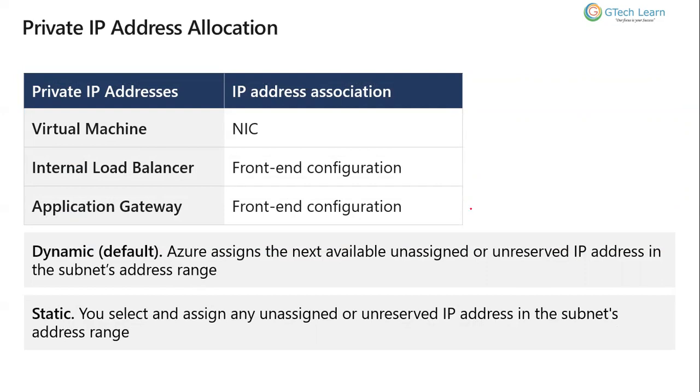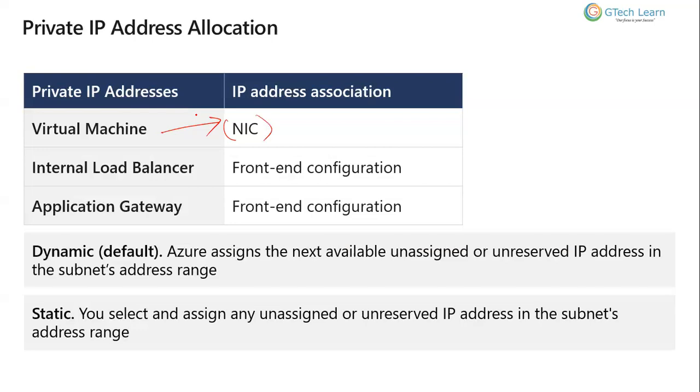So in this slide, we can see where we can allocate the private IP address. If we are creating a virtual machine, then on the network interface card of that virtual machine, we can allocate the private IP address for internal communications inside the virtual network.